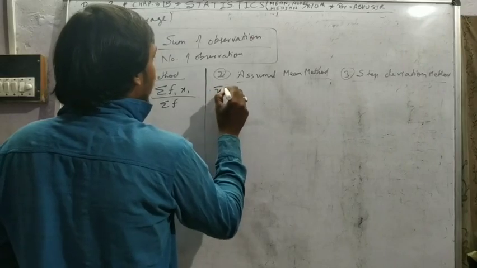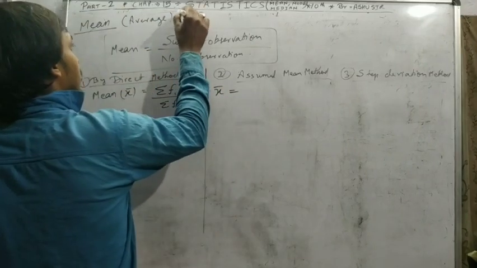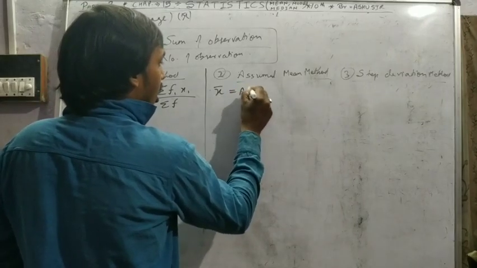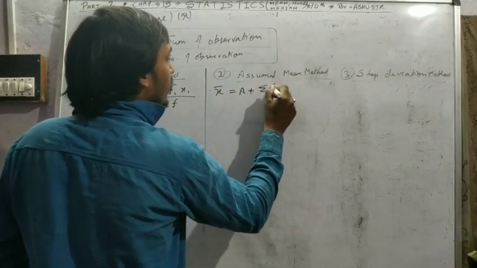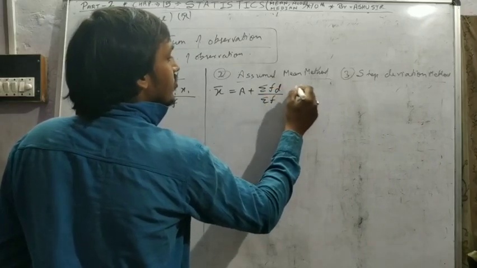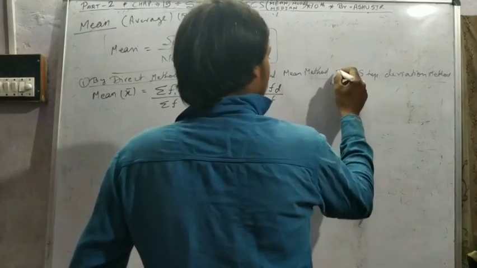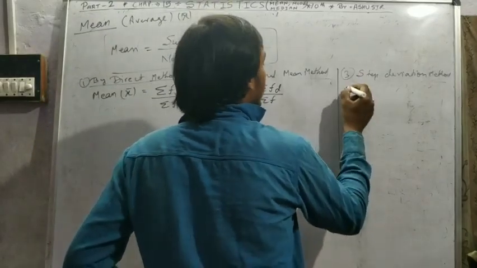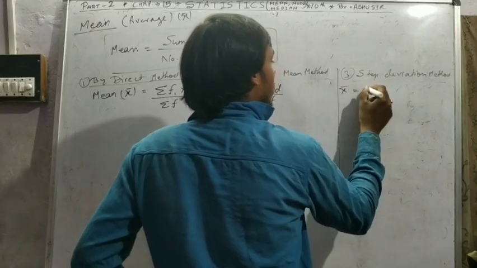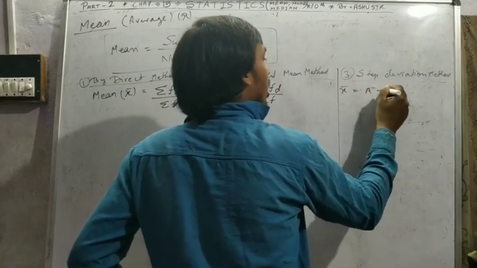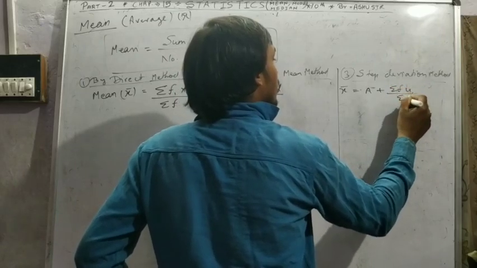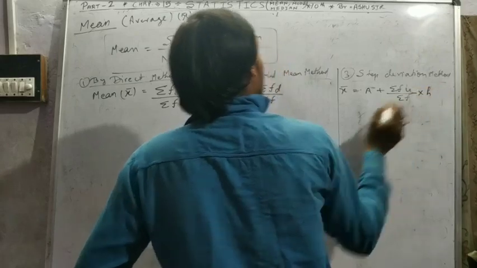For the assumed mean method, the mean is A plus summation of fd upon summation of f. For the step deviation method, the mean is equal to A plus summation of fu upon summation of f into h.